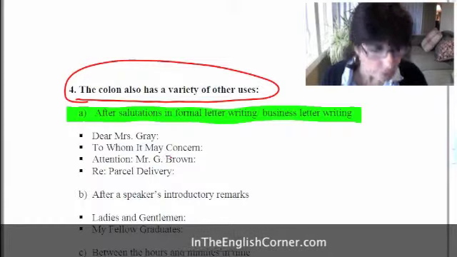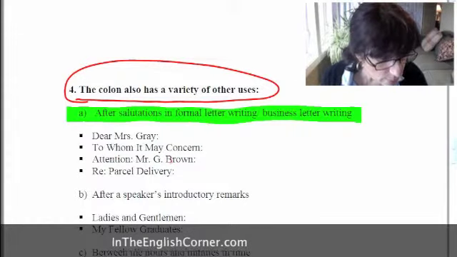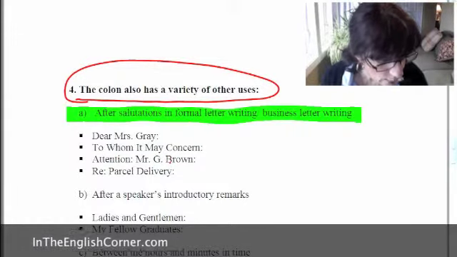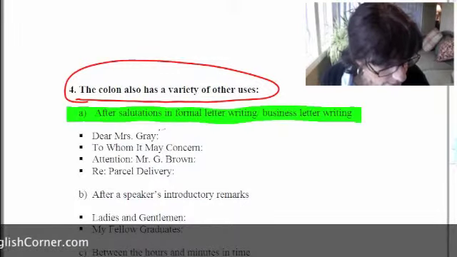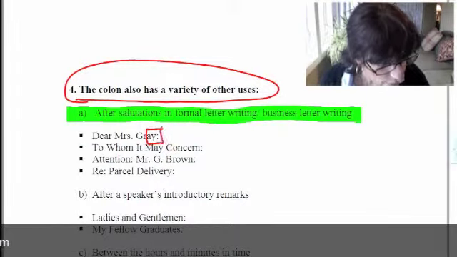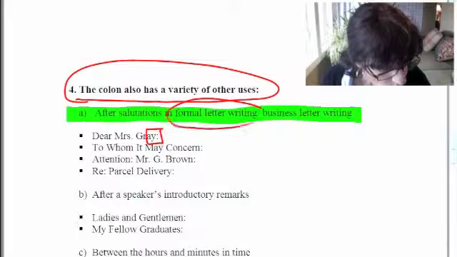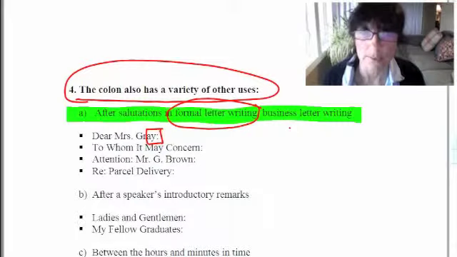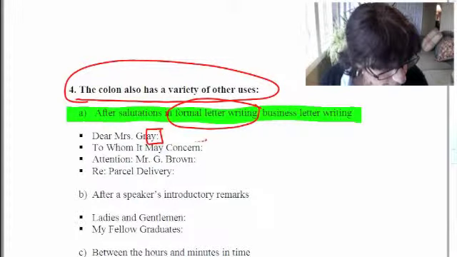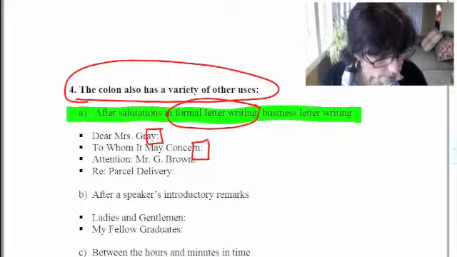If you're writing a letter and you're addressing it to Mrs. Gray, that's the salutation, the opening of your letter, you would say, Dear Mrs. Gray, and then a colon. Now this is for formal letter writing, like business letters. To whom it may concern, with a colon. Attention, Mr. G. Brown, a colon. Or Re: parcel delivery.